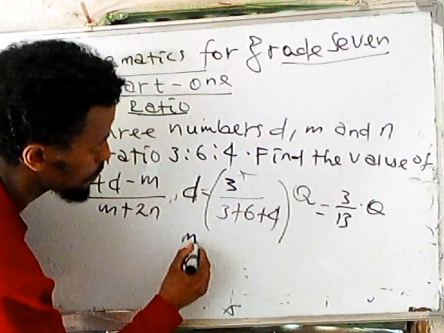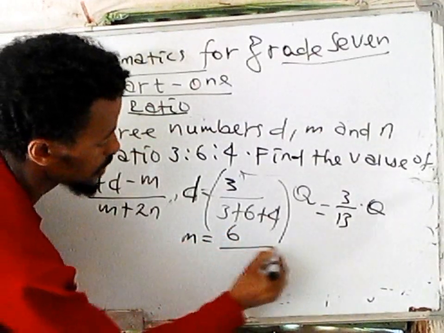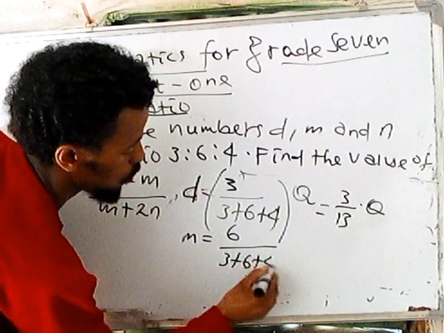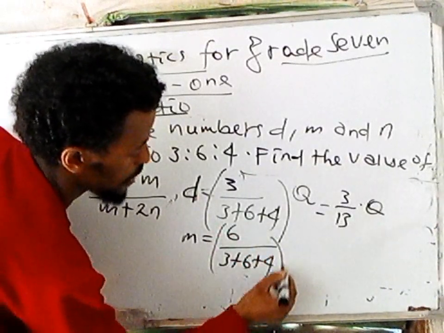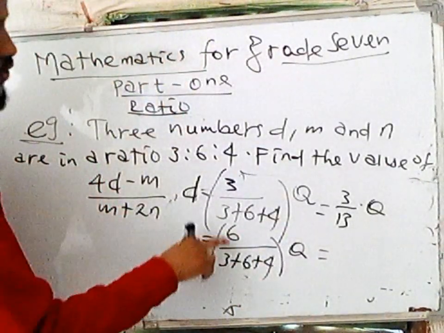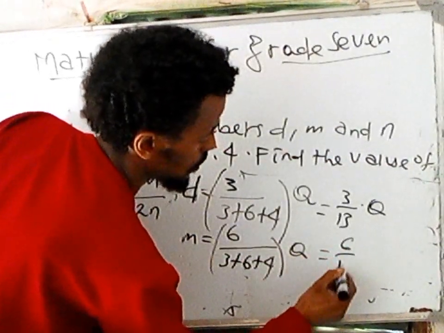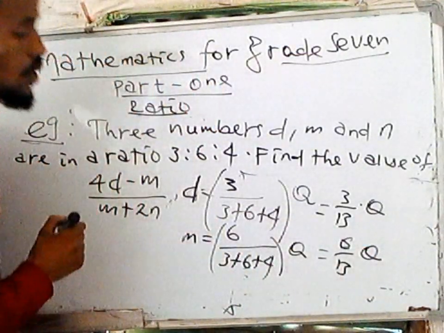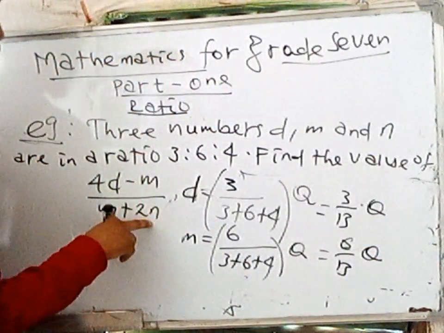M is equal to what? 6 over 3 plus 6 plus 4 multiplied by what? Q, that is 6 over 13 times Q. What about N?